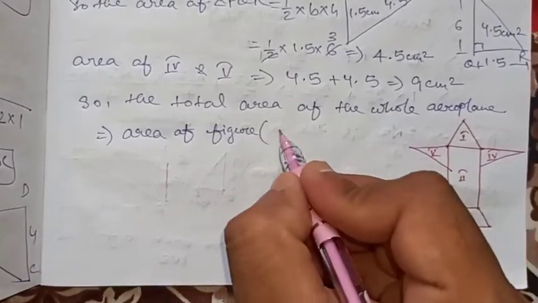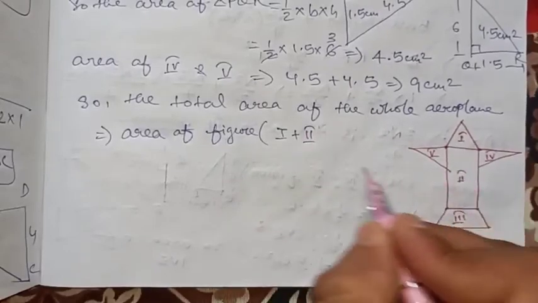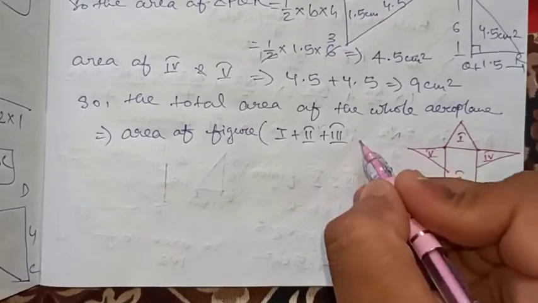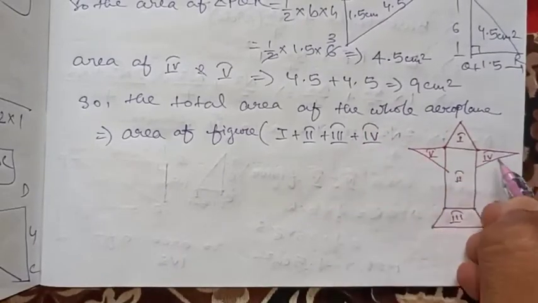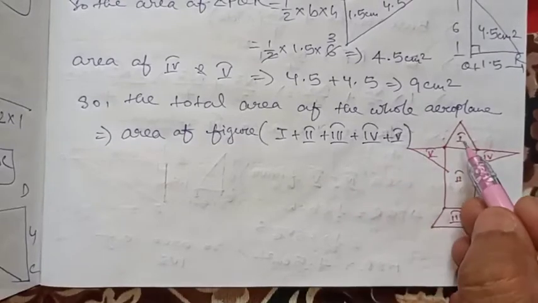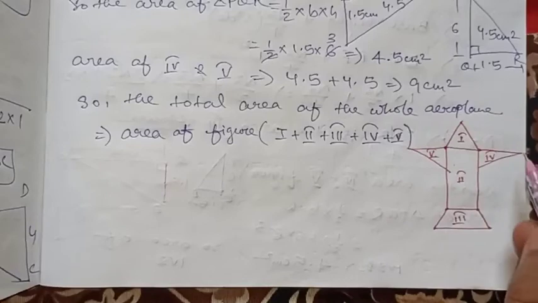How many figures are there? 1, this area, plus 2, this area, plus 3, this bottom area, plus 4, this right side area, plus 5. Okay, so if we will add all the areas, we will get the area of the whole aeroplane.